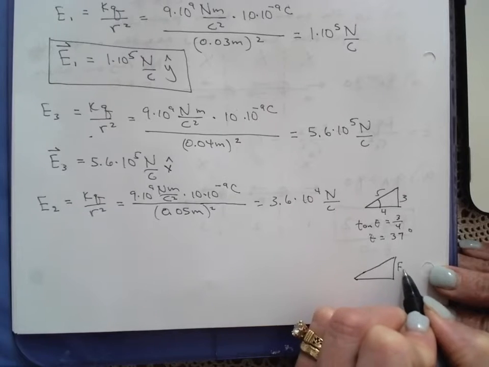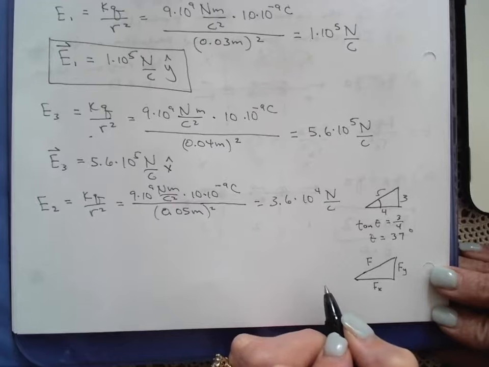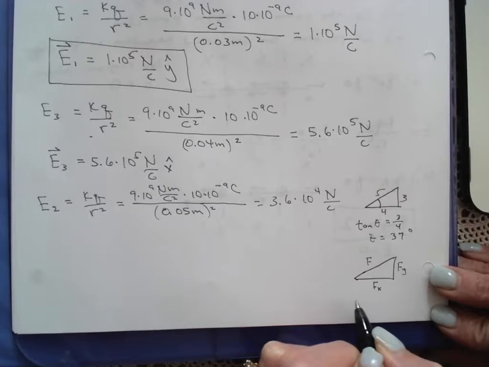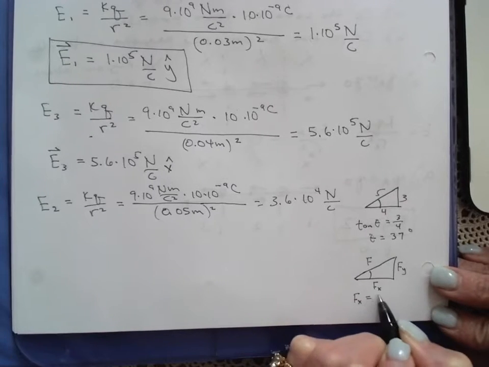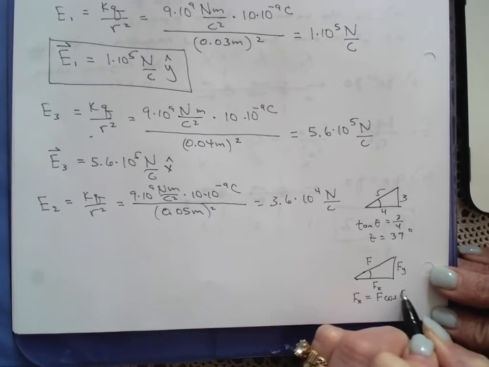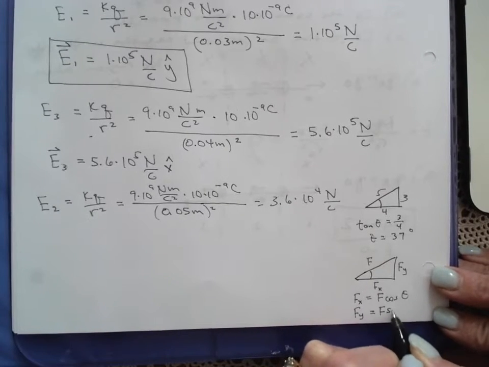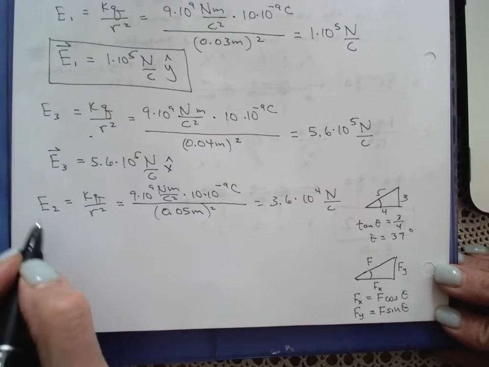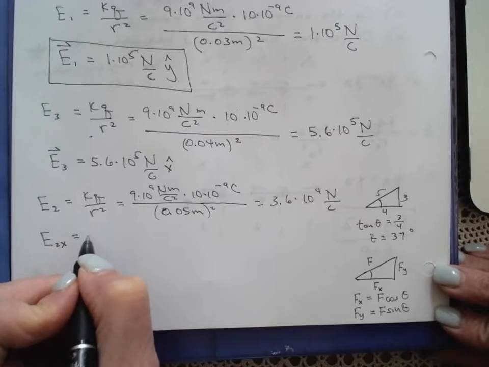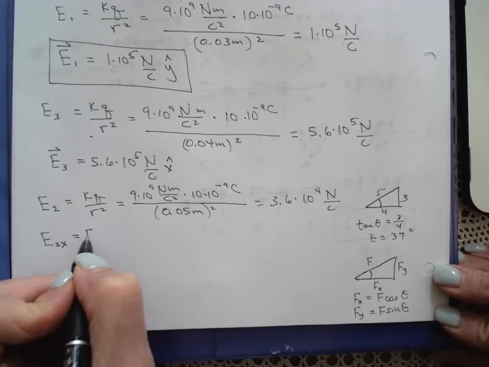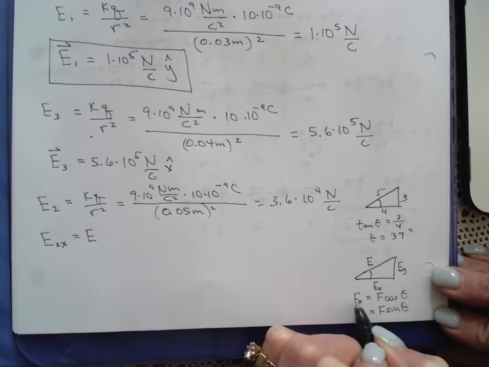So I'm going to have Fy, Fx, and this is F. Here, if this is my angle, Fx is going to be F times cosine theta, and Fy is going to be F sine theta. I'm sorry, this should be my E triangle, not my F triangle.